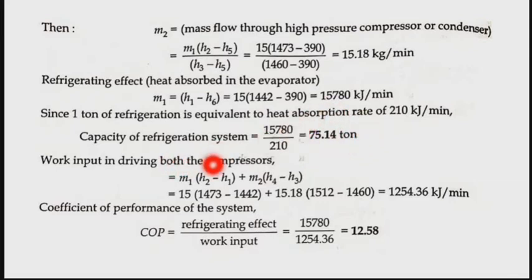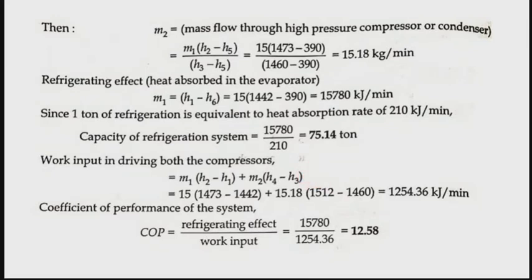And now the work input for driving both the compressors. Okay, see here, there are 2 compressors. M1 passes through the first compressor, and the M2 quantity passes through the second compressor.